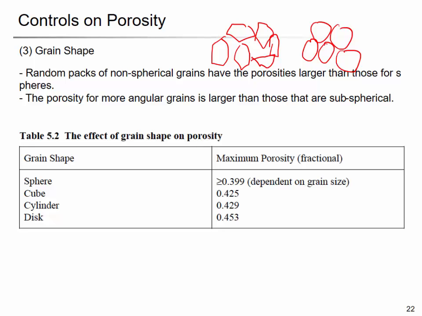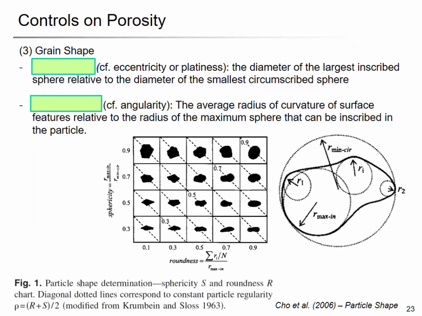And actually, in geotechnical engineering, we also concern about the particle shape these days in the strength and the mechanical behavior. And we can quantify the grain shape with two parameters. One is sphericity, and it's defined by the diameter of the largest inscribed sphere relative to the diameter of the smallest circumscribed sphere.